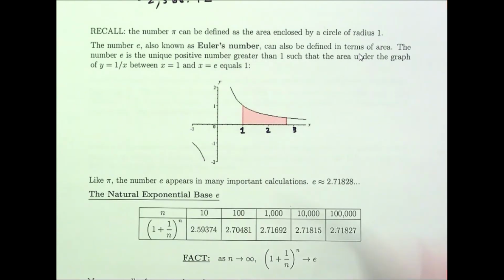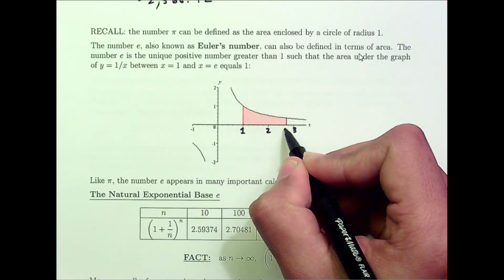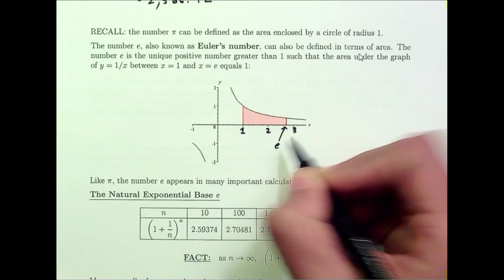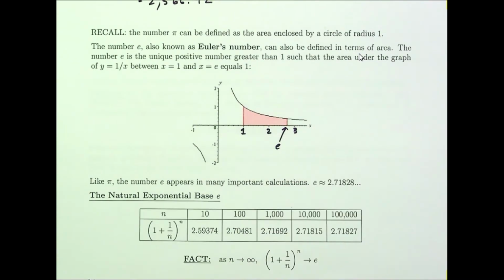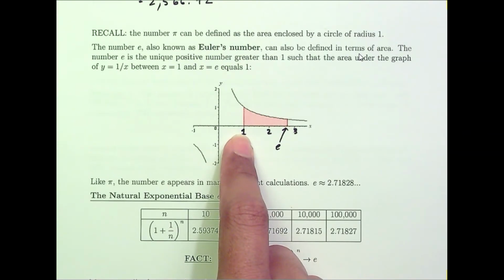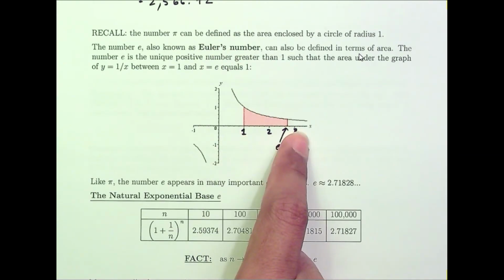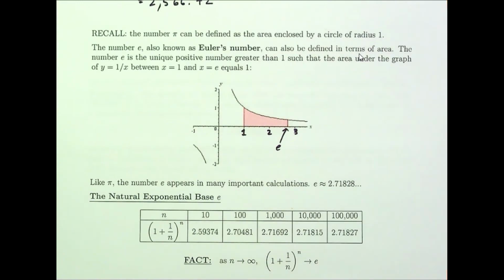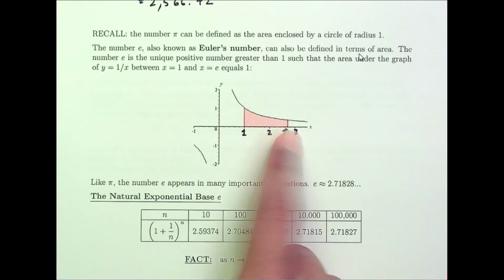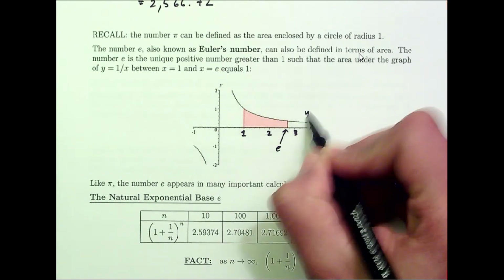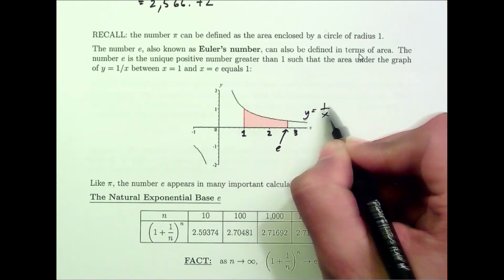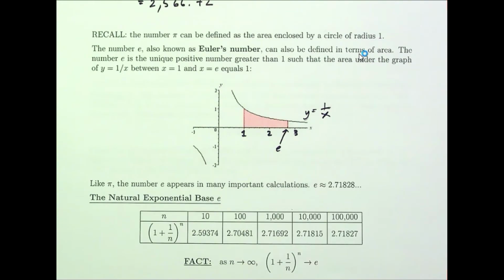And this spot right here, where you would stop to get that the area of the shaded region is 1, which is the area between the x-axis and the curve starting from 1 and then moving to the right, the area swept between 1 and e under the graph of y equals 1 over x, that number right there is e.